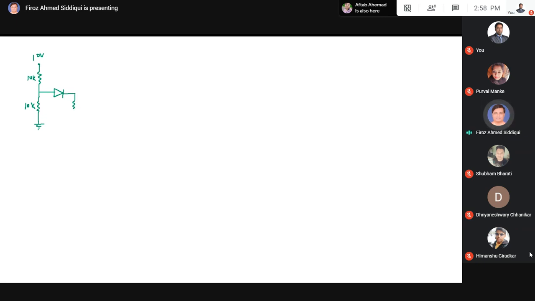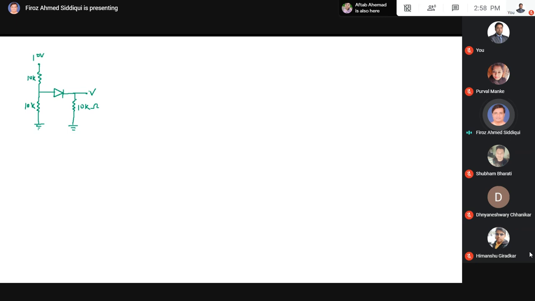And let's say there is one more resistor connected to ground and it is also of 10K. 10 kilo ohm resistors. And we need to find the voltage across the diode.